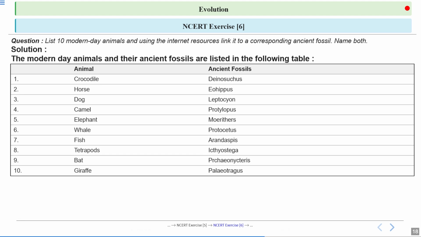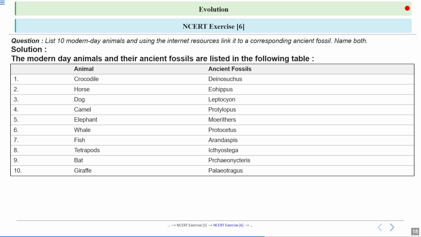Camel, it is Protylopus. Then elephant, it is Moeritherium. For whale, it is Protocetus. Fish, it is Anandaspis. For tetrapods, it is Ichthyostega. And then for bat, it is Archaeonycteris. And for giraffe, it is Pelagotragus. Clear? So these are the ancient fossils for these modern day animals.